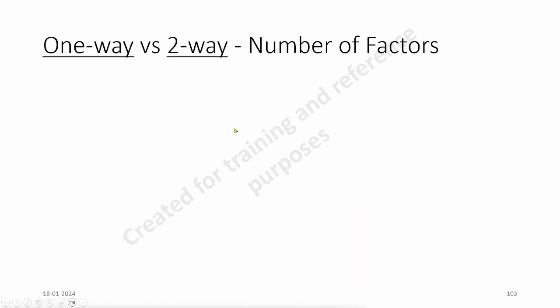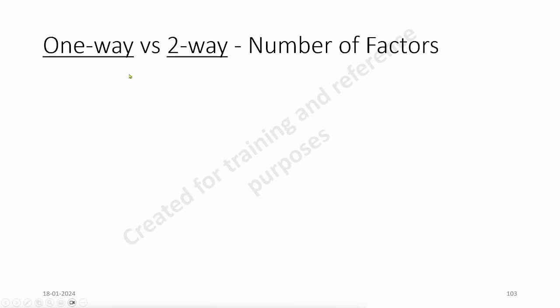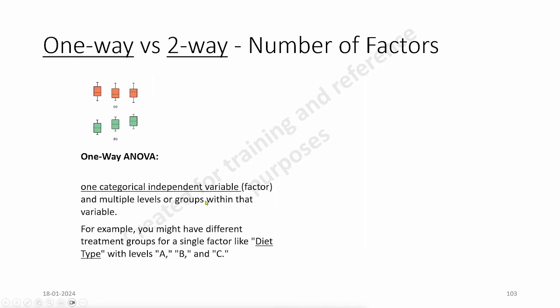So there are two different variations of ANOVA. A one-way ANOVA is to compare essentially the means of one factor. That means, for example, we have one categorical independent variable or factor, and there are multiple groups within that categorical variable.